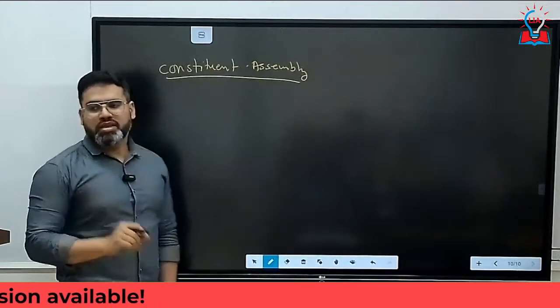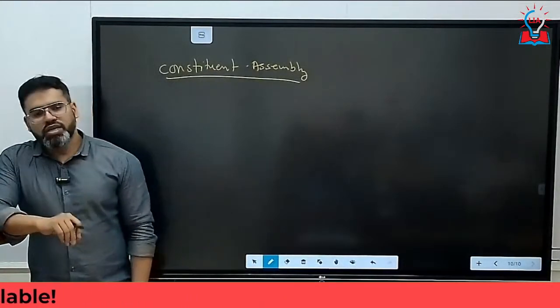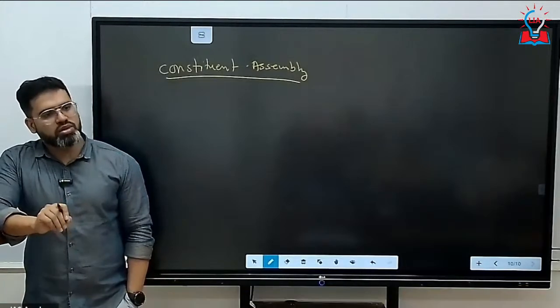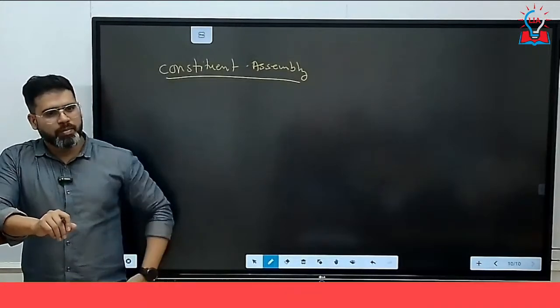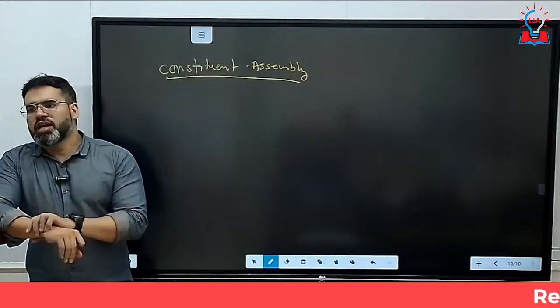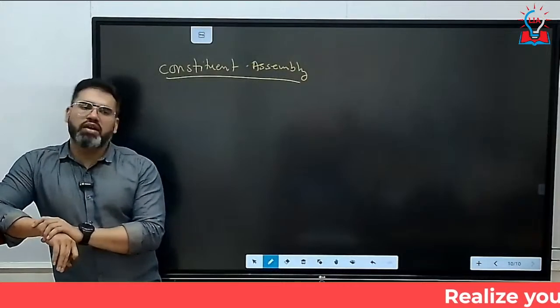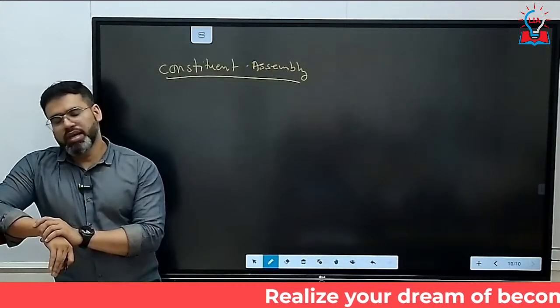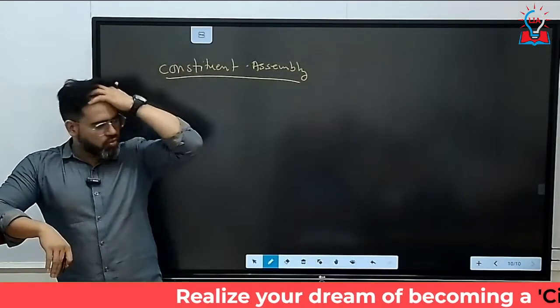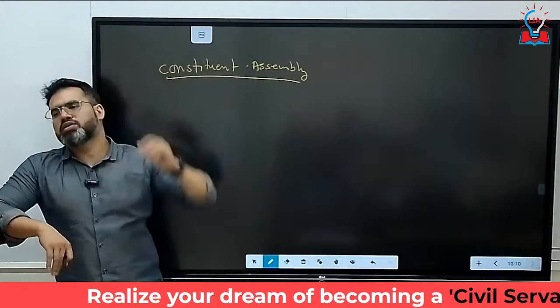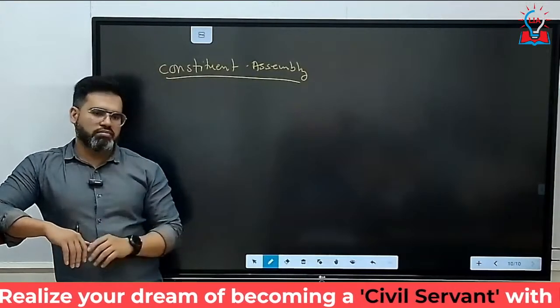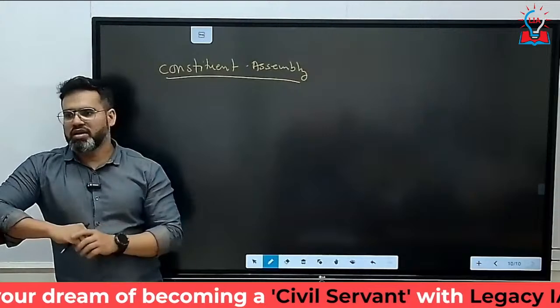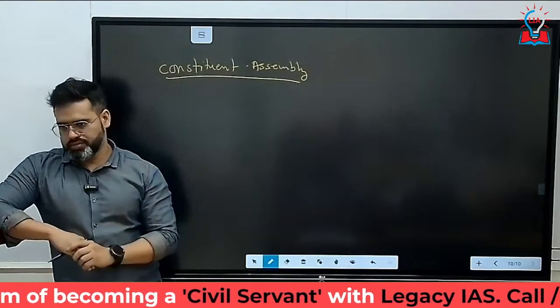Constituent assembly means that assembly which is having a task to draft the constitution. Whichever the assembly which having a task to draft the constitution, it is called as constituent assembly. Like for example, today Prime Minister Modi को लगा कि old constitution is not good. Already we have built a new parliament, so now we require new constitution also.